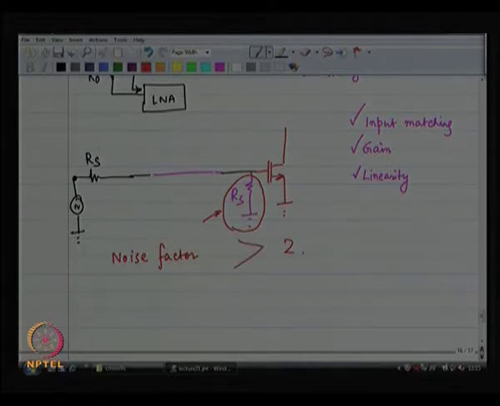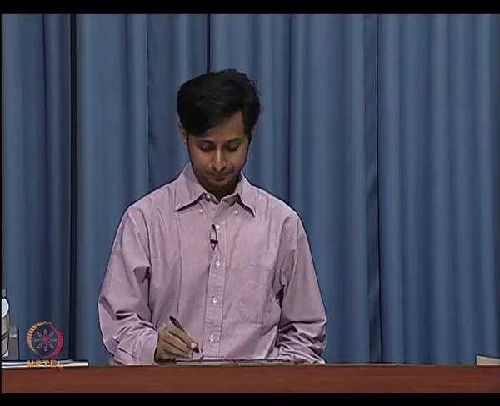Okay. On top of it, there is the MOSFET which has its own noise. I did not even bother about the MOSFET, right. So, just by looking at the circuit you can say that this has a noise factor of at least 2, which means a noise figure of 3 dB.